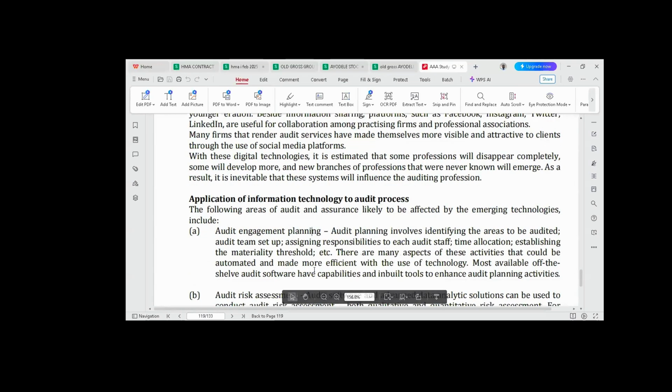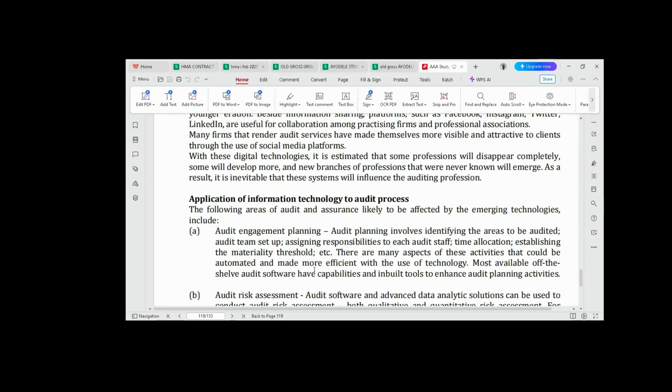Some of the risk assessment that is done at the planning stage, that preliminary audit risk assessment, can be performed by the information technology or the audit software that is in operation in the audit firms.